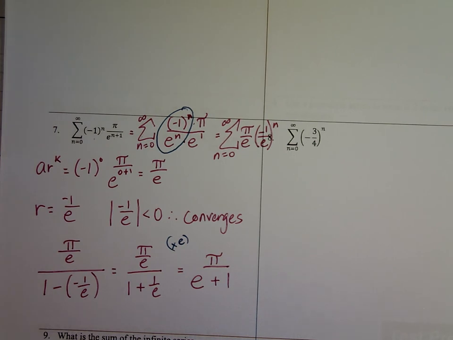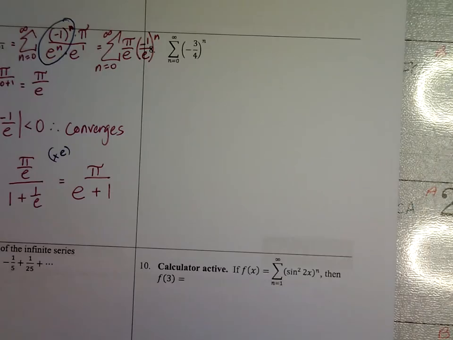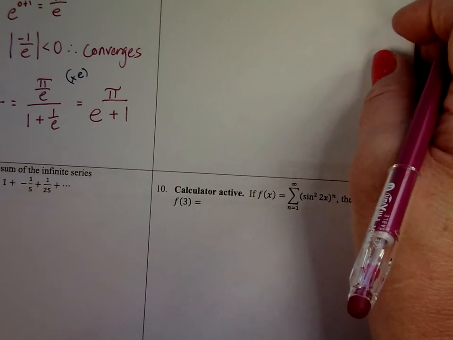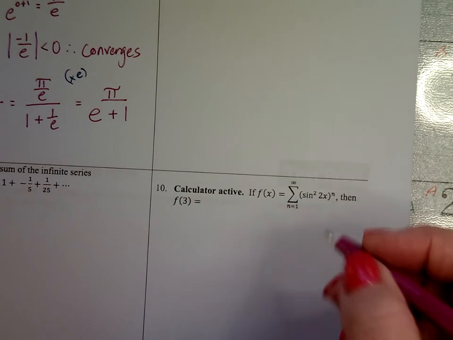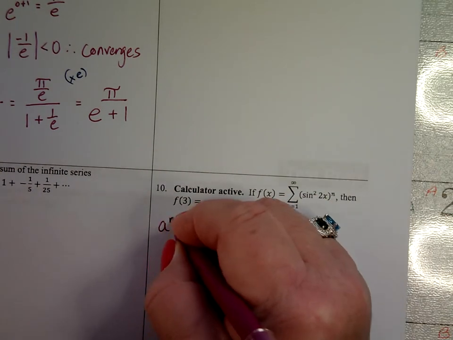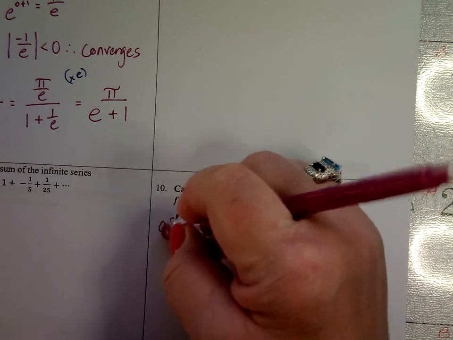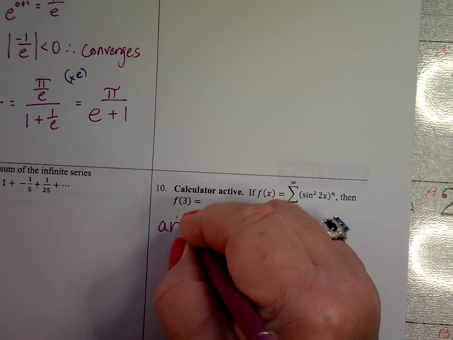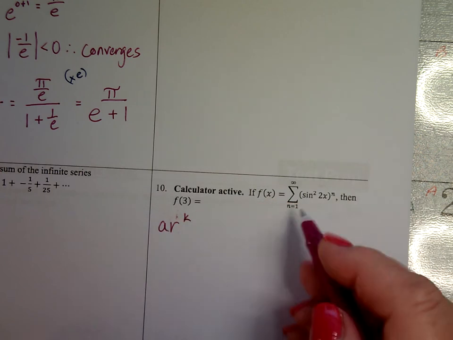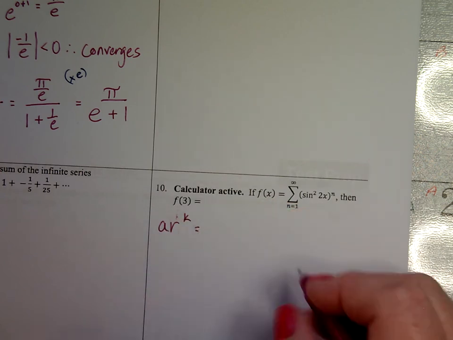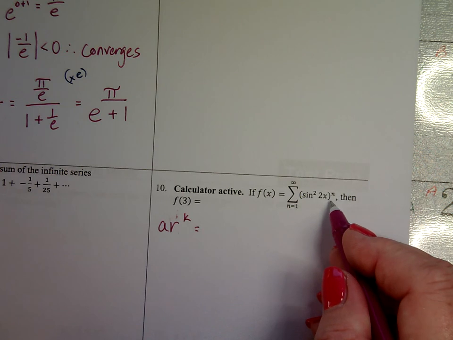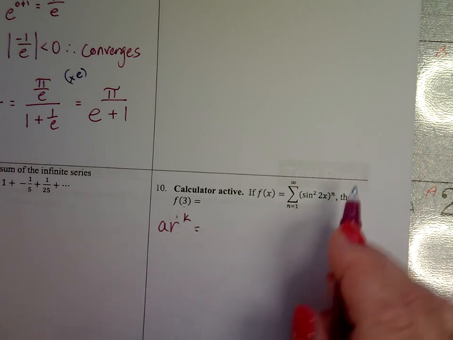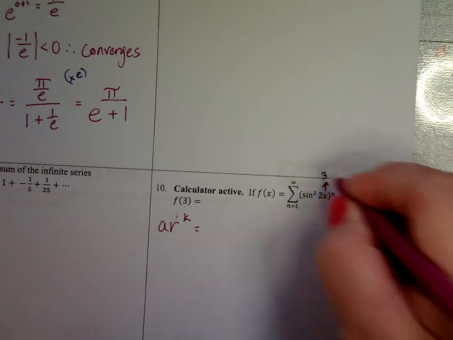So number 10 is like the calculator question we just had that I did with you a few minutes ago. I need to know ar to the k. k is 1. So I have a function here that would be, I'm plugging in a 3 for my x, and I'm plugging in a 1 for my n.